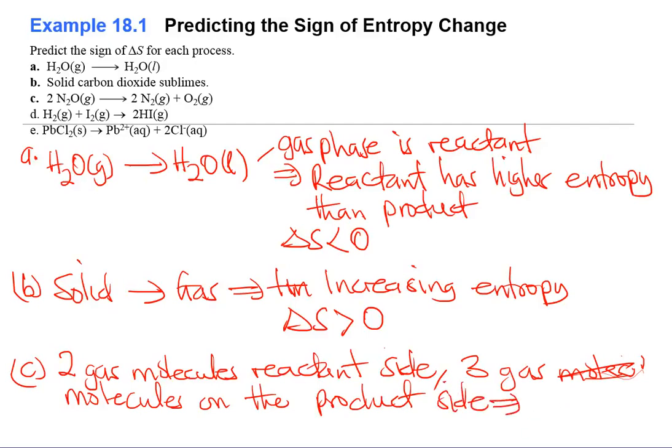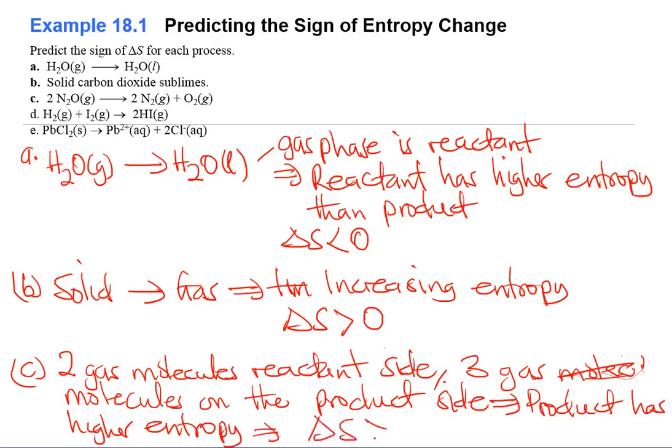So this tells us that the product has higher entropy. What does this say? This tells us that delta S is greater than 0. Every time the product has high entropy, the delta S is going to be greater than 0.